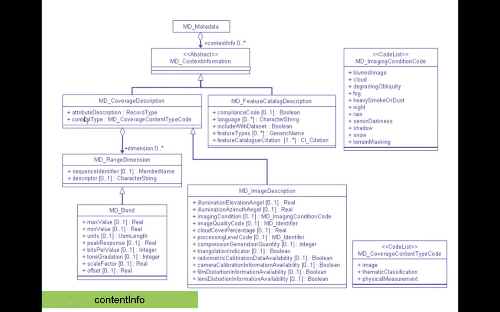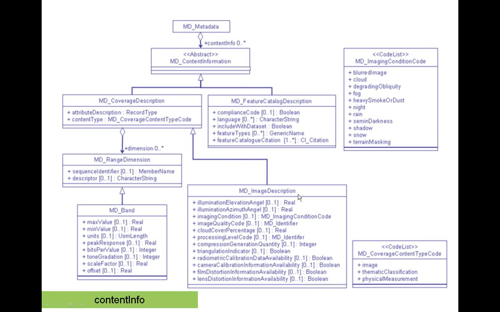Or we can go ahead and add a lot of the coverages in here and talk about the attribute descriptions. If it was remotely sensed data, or picked up with any electromagnetic wavelengths or anything, this is where we can go in and describe all of those band values and the ranges.